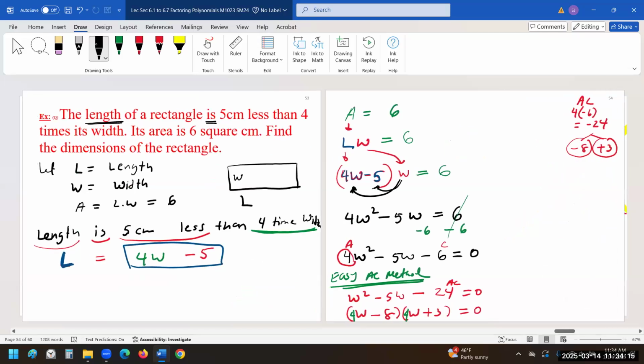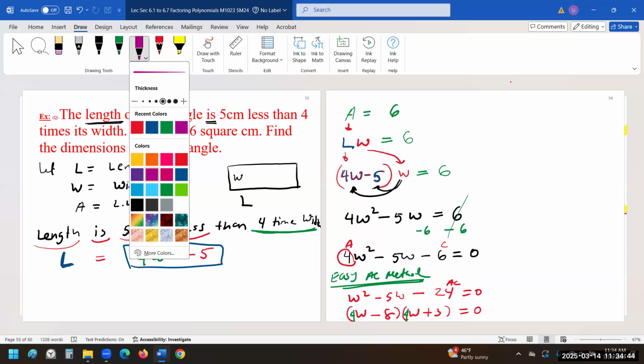Let me write the steps here. Actually, the steps depend on what type of question you have. So here they give us the area. So what we did, let me change the color.